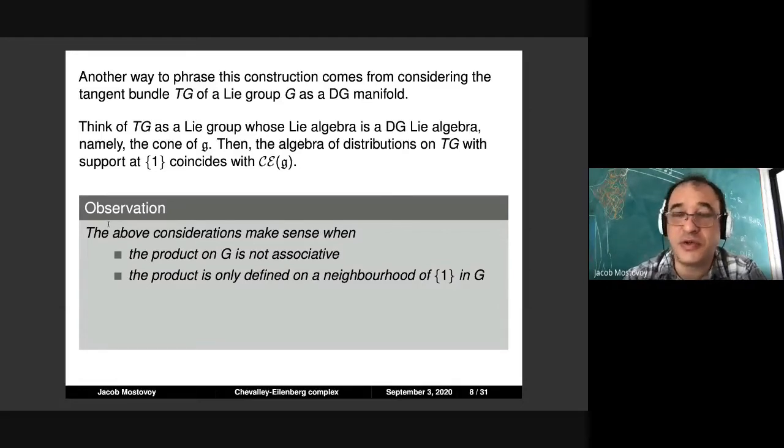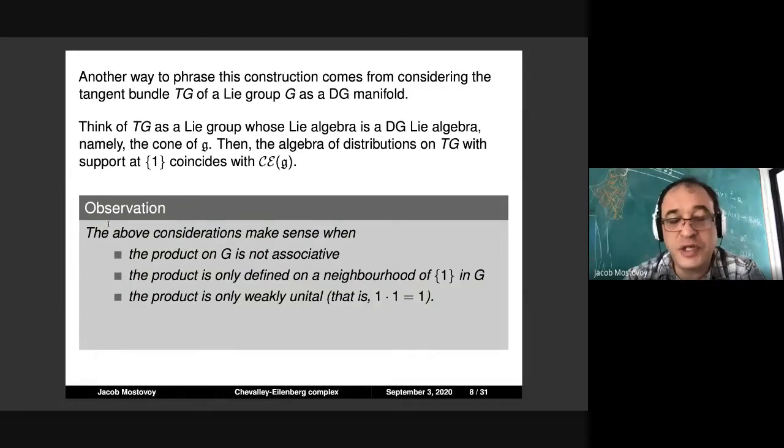In dimension 16, you don't have a globally defined loop, but you have a local loop, which works perfectly fine. So this construction works in the local case. Actually, we didn't even really need a unit here. It's good to have a weak unit, which is like 1 by 1 is 1. This is probably necessary for this construction, but not more.